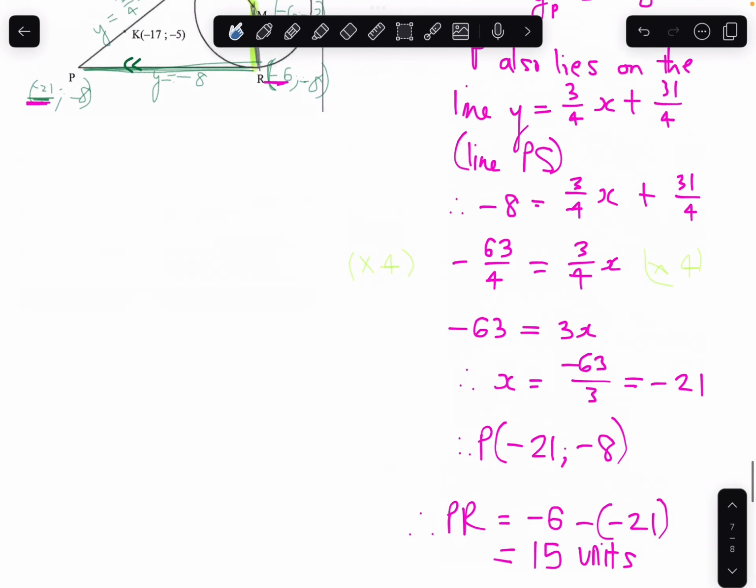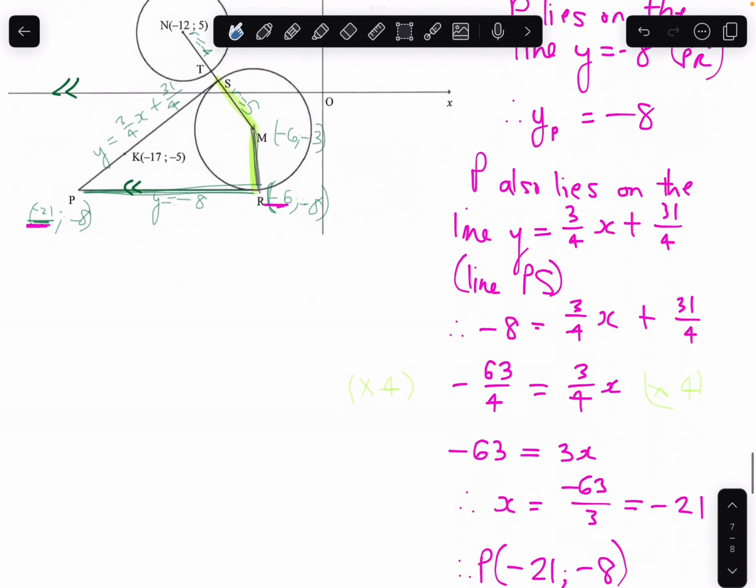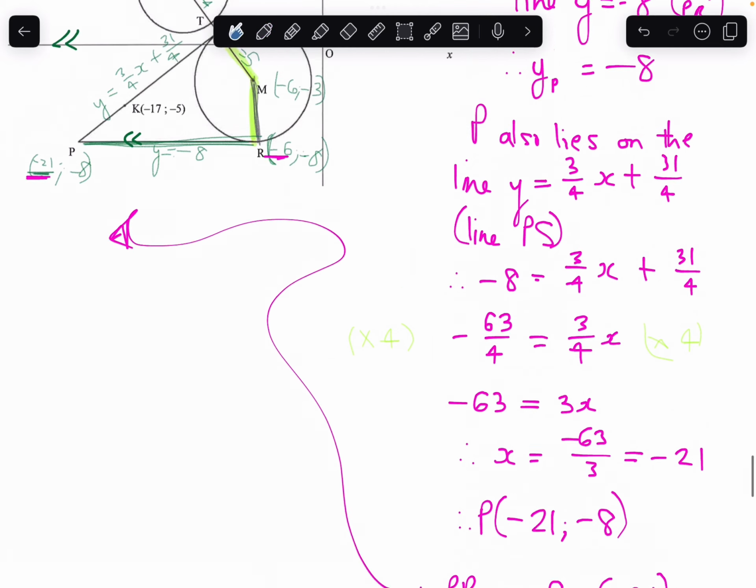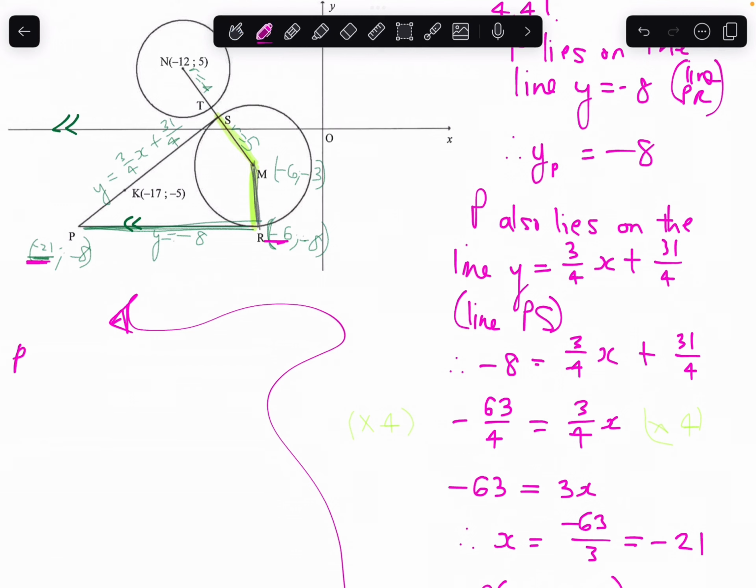Right, then I'm just going to bring it back up here. So we know that PR is equal to PS, because tangents meeting at one point are equal. Or tangents from the same point, depending on how you look at it.